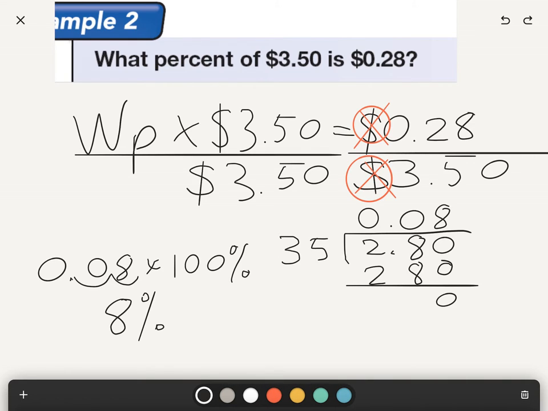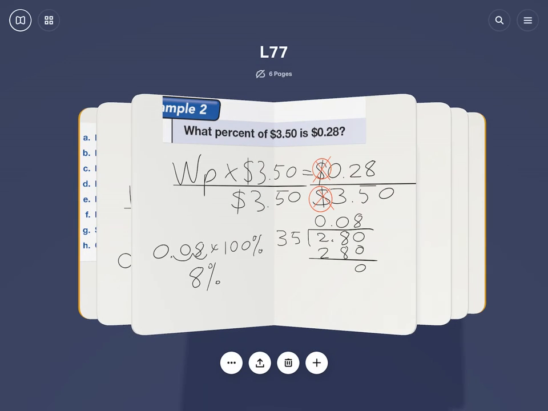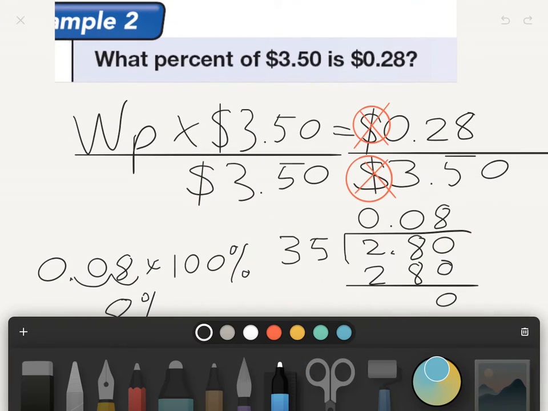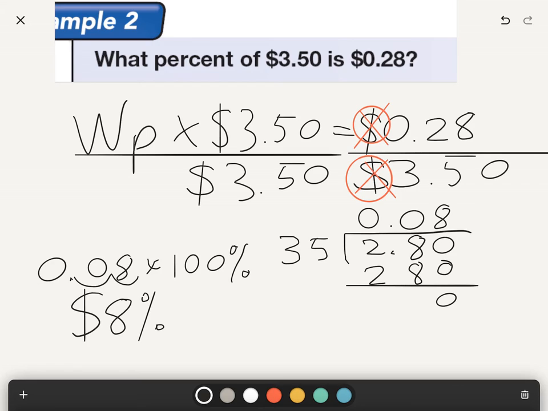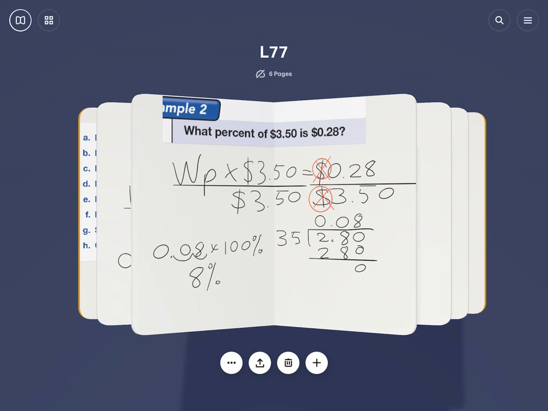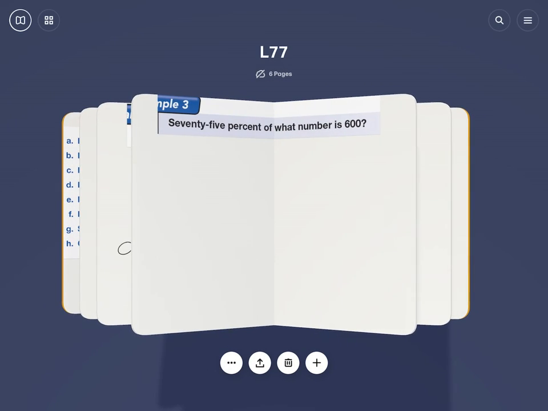But what if your answer had that? Oh yeah, you definitely lose points, because that is definitely not what it's asking, and 8% dollars doesn't make any sense. So yeah, you would definitely lose points for that, because that would be a sign that you completely misunderstood what the question was asking.